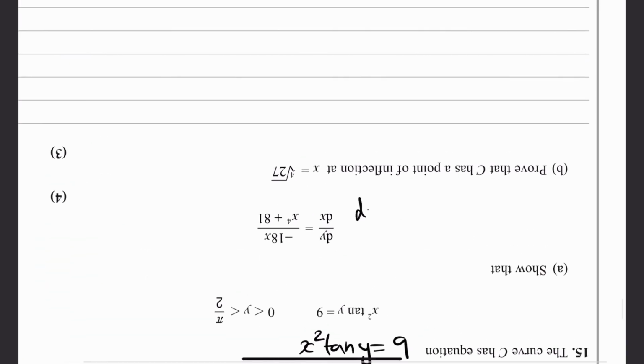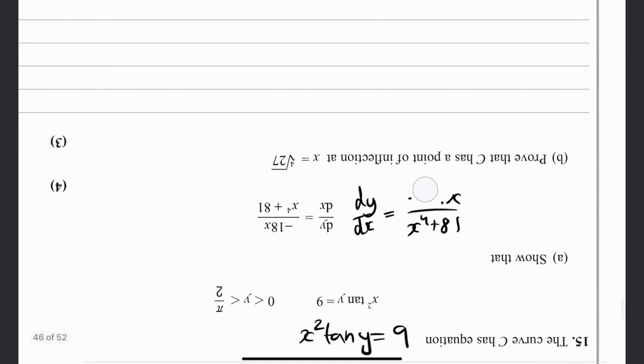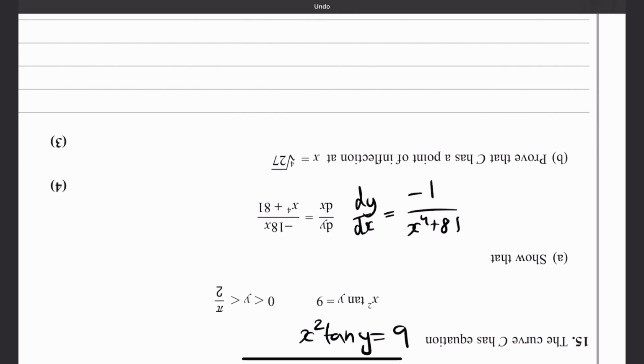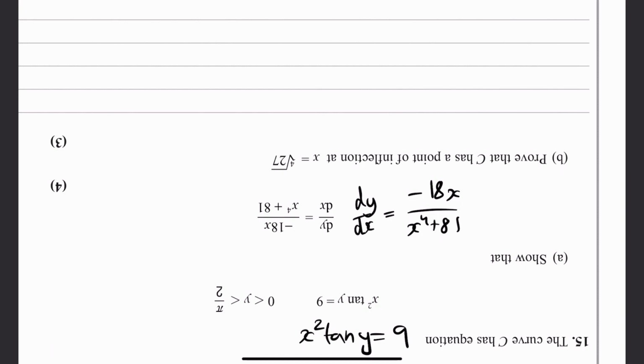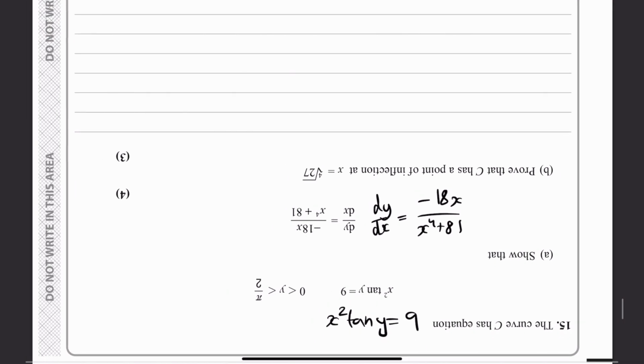It's telling me dy by dx is minus 81x over x to the 4 plus 81. Oh, hang on, I think that is a minus 18x. Minus 18x over x to the 4 plus 81.